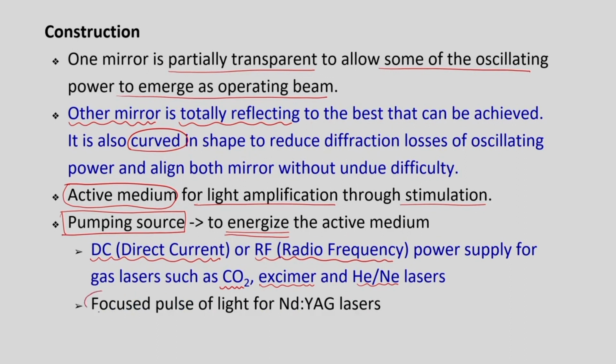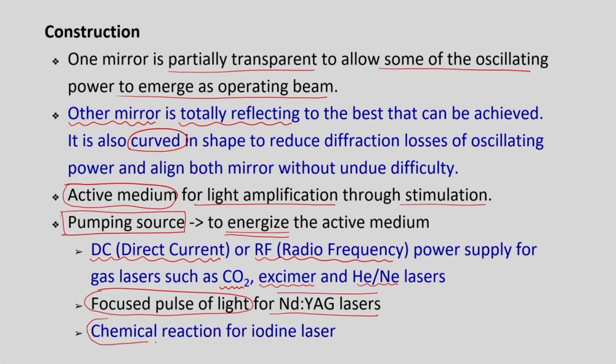We can also use a focused pulse of light. We can use light as a pumping source, and this is in general used for a solid laser, that is the Nd:YAG laser.